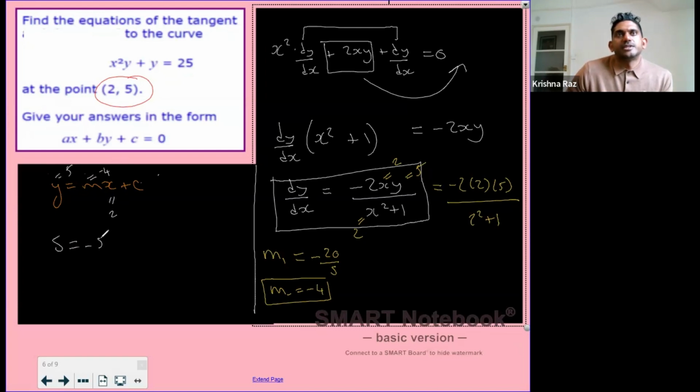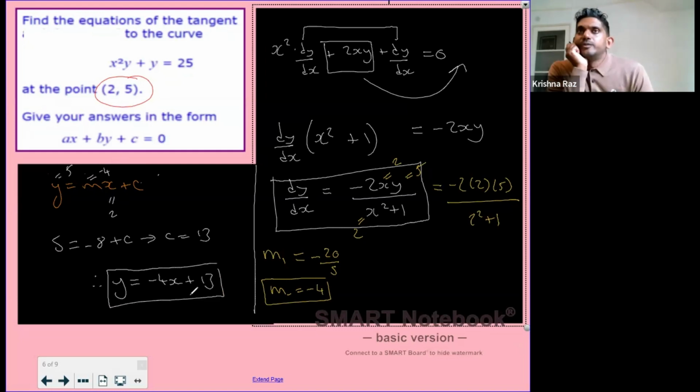So 5 equals negative 8 plus c, c equals 13. Therefore, y equals minus 4x plus 13. So that's how we would use implicit differentiation to find the equation of a tangent.